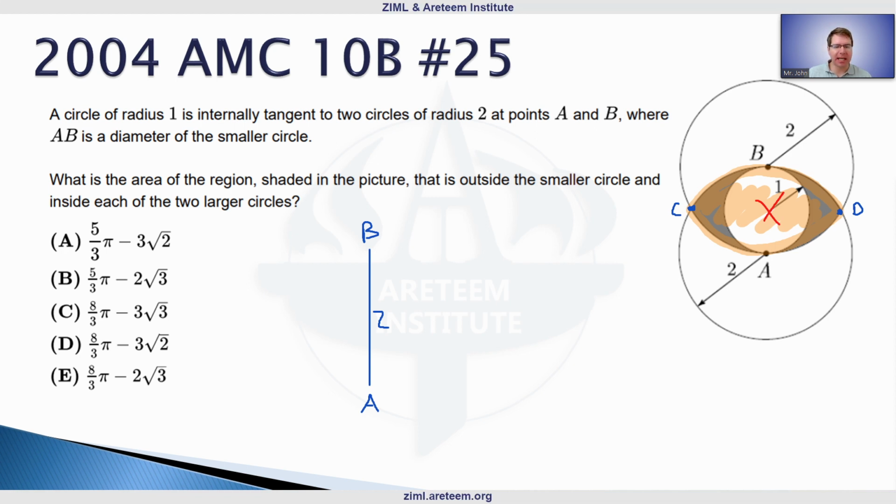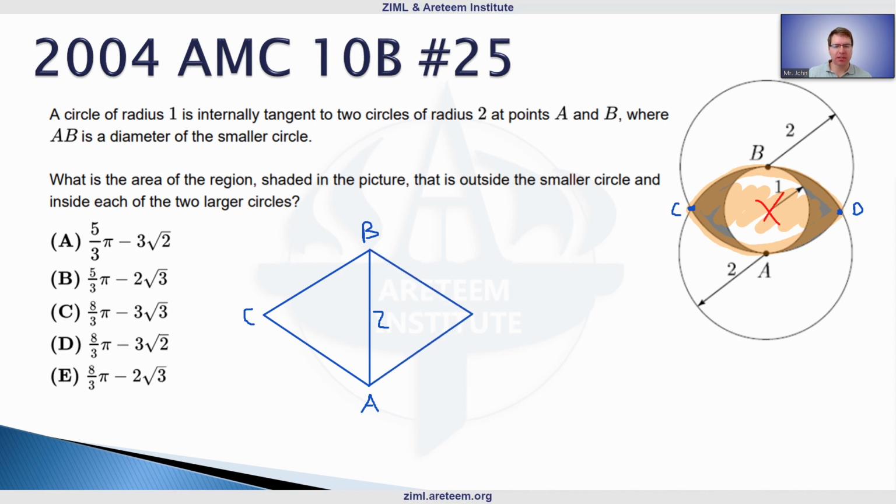Notice that if I connect A to C, that is another radius of the big circle. And likewise, BC is another radius. I'm not going to label all of these 2's, but the key observation is that all of these are radii. We have a bunch of radii here.